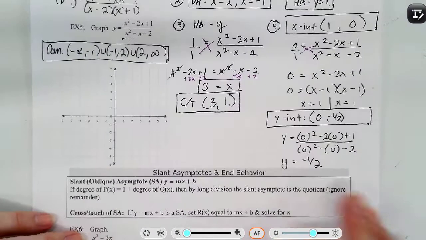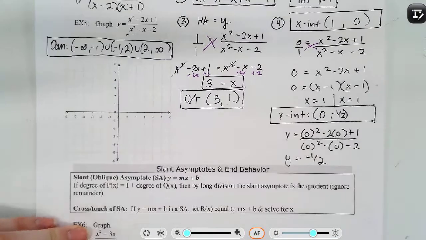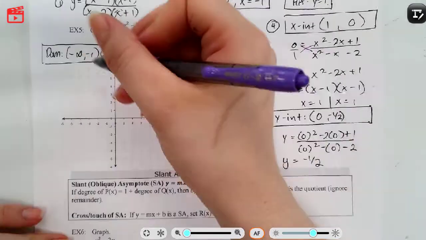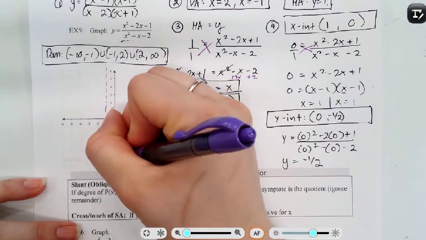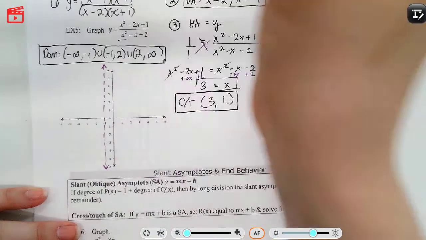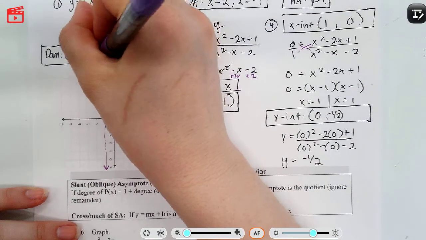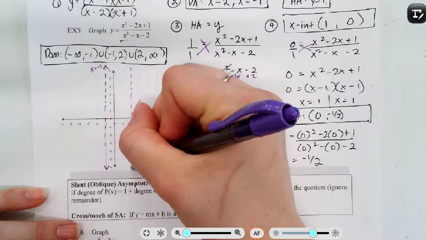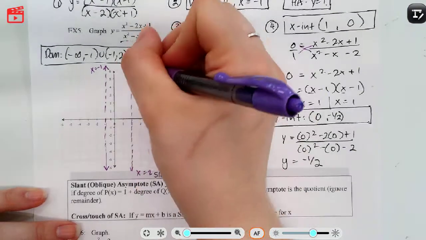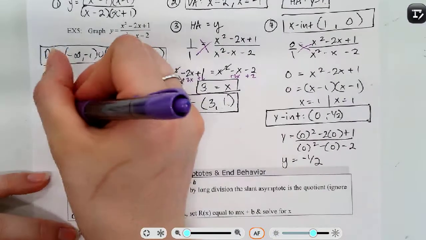All right, so let's go ahead and plot all of this stuff in. So my asymptotes, I'll put them in purple. We have 2 for the vertical. Labeling it, x equals negative 1, and x equals 2. Horizontal asymptote at 1.